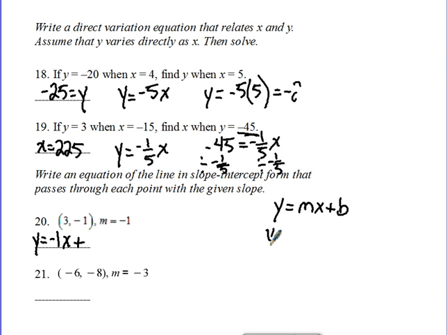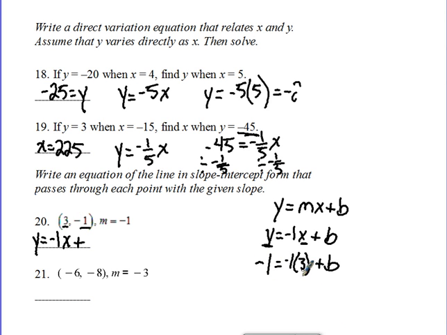We can start with y equals negative 1x plus b. And if I only knew a coordinate on the line, if I only knew an x and a y that was on the line, I could find the b very easily. Well, guess what? I know that because they told me that it passes through this point, 3, negative 1. So when x is 3, negative 1 times 3 plus something, y had to be negative 1.